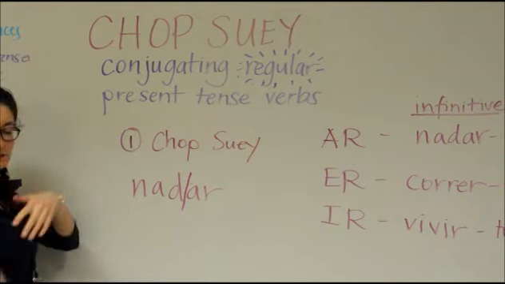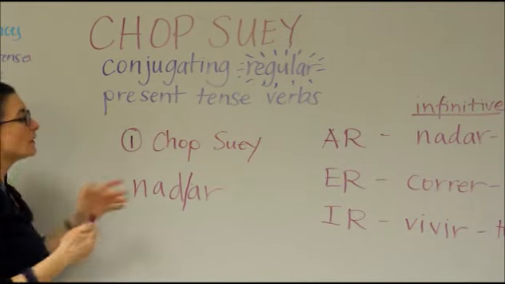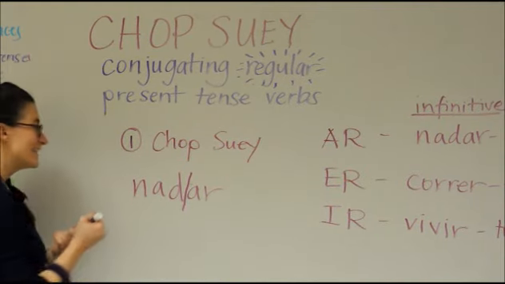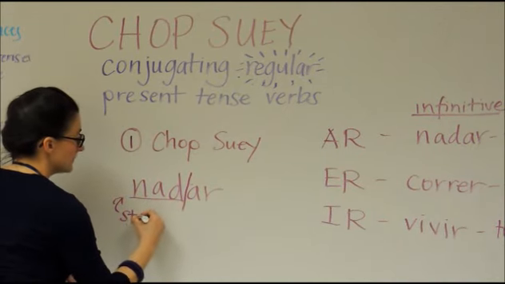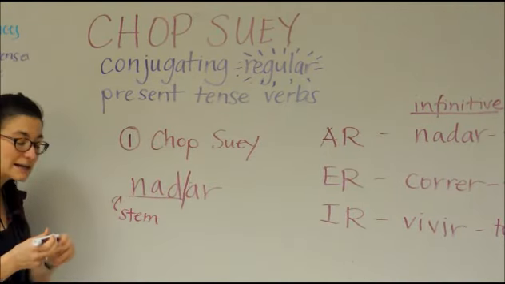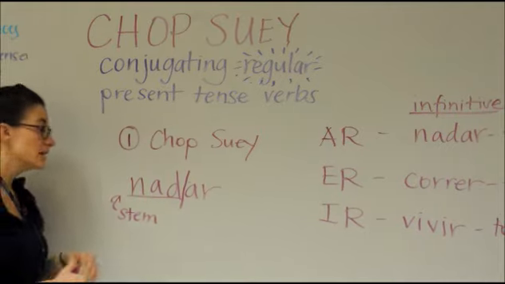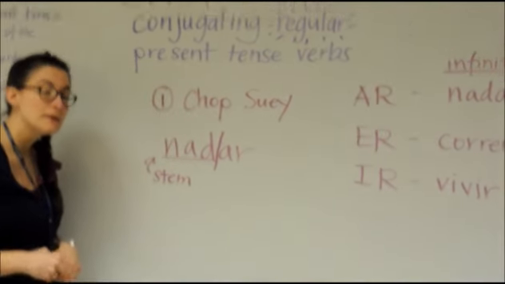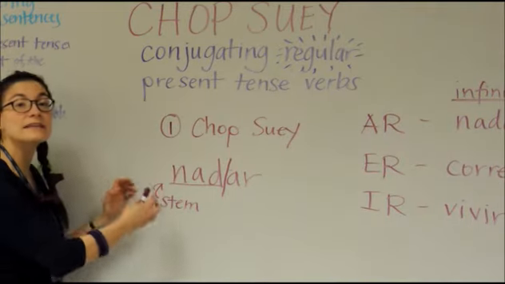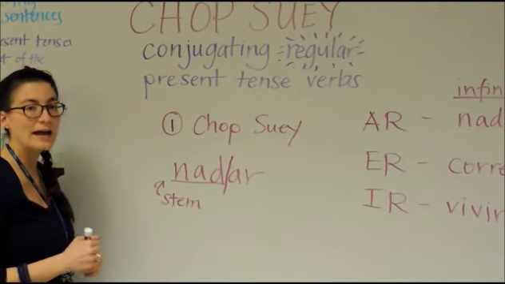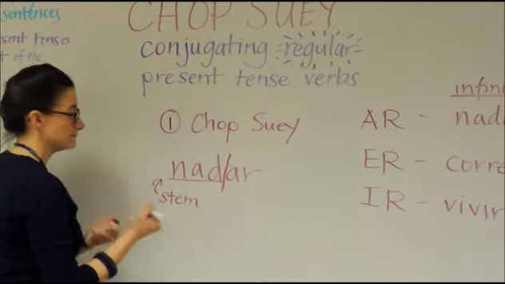It's away. So what are we left with? The stem. This is called the stem. It's really important, clase, that you know this part is called the stem, because in future conjugations we're going to be using it and manipulating it.